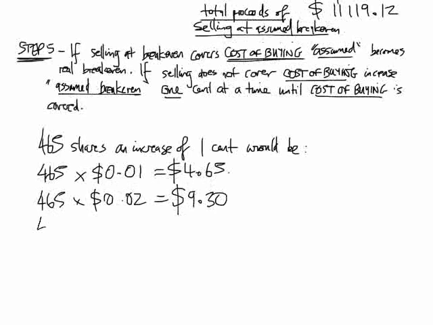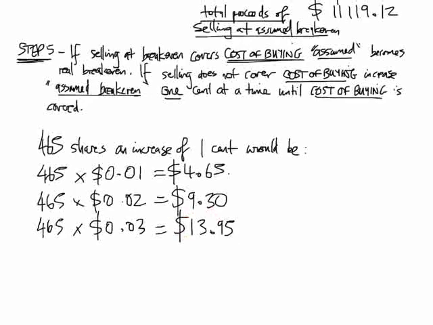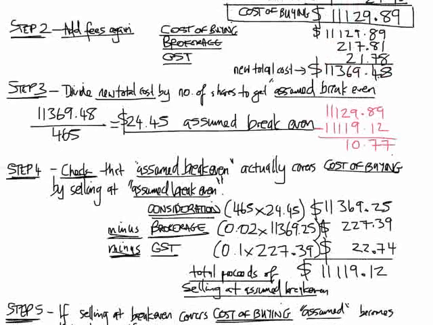And if you look, 465 times 3 cents, 465 times 0.03 is going to be $13.95. $13.95 is just more than the $10.77 that we need.